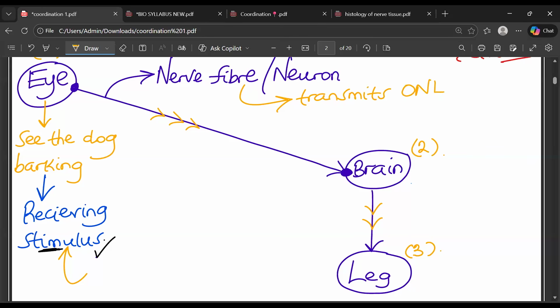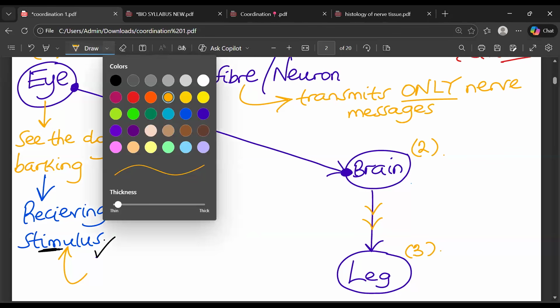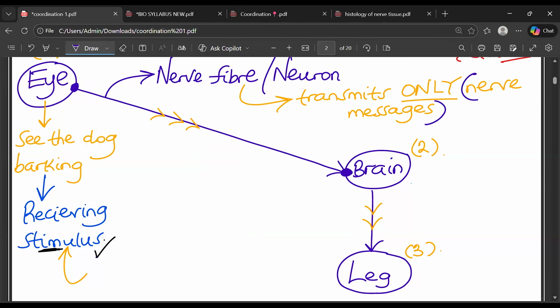Transmit only and only nerve messages. So someone may be like, what are these nerve messages? The nerve messages have a name. They're the ones they call impulses in biology.